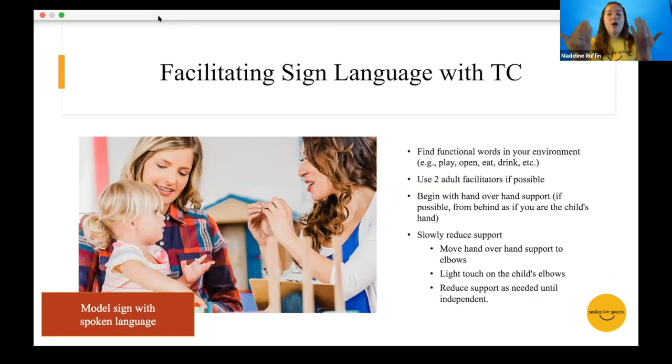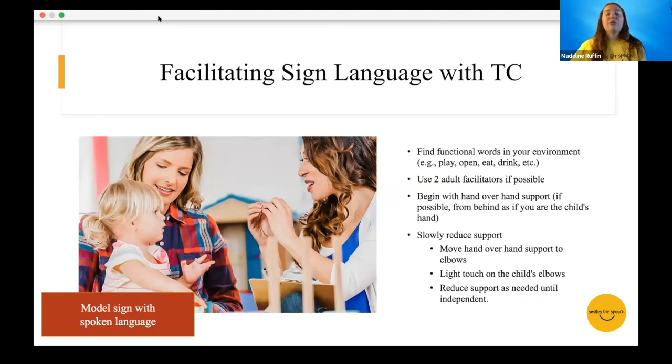So I'm helping them use that signed language in that moment of communication, while the other facilitator is withholding that object that they do want. And when they give them that communication signal, that sign, that facilitator hands the object over to them.